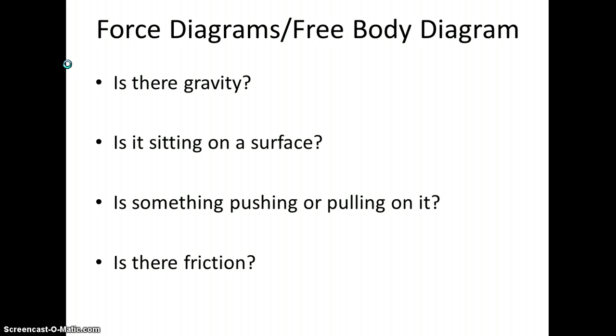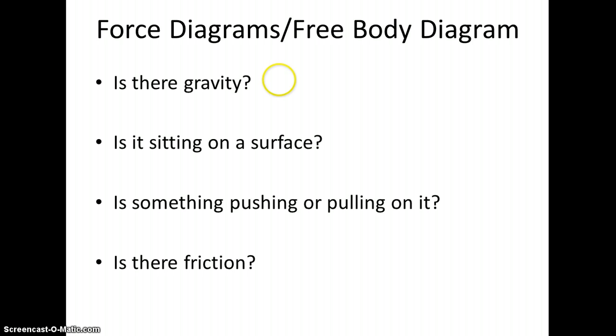And they can essentially be constructed by simply asking 4 questions. The first question that you want to ask is there gravity? And gravity, you know, is anything that on Earth experiences gravity. The only place that doesn't experience that is space.